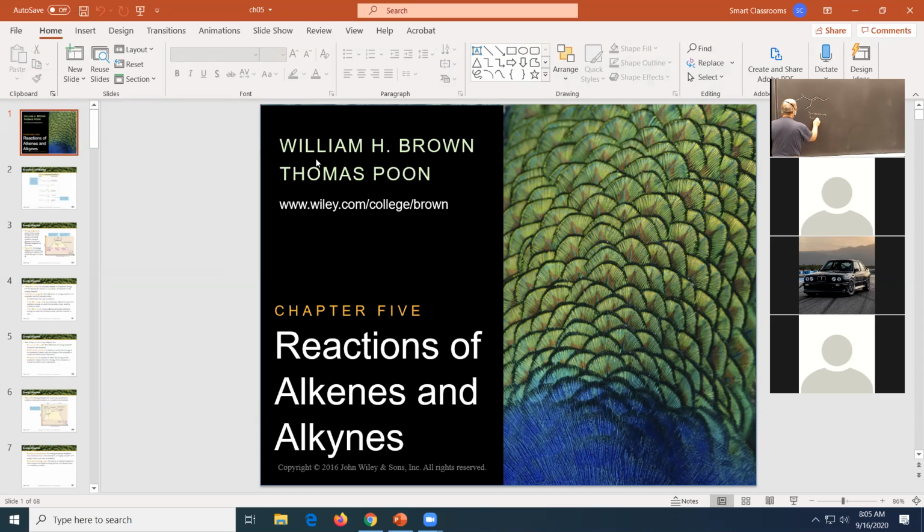You could also call it hex-3-ene. This is the newer method. And then the other substituents, okay, we have an ethyl on 3, so that's 3-ethyl, 2-methyl.